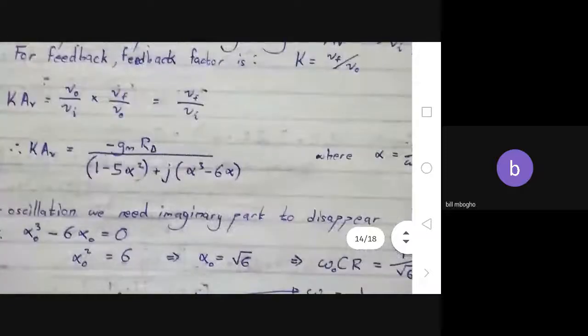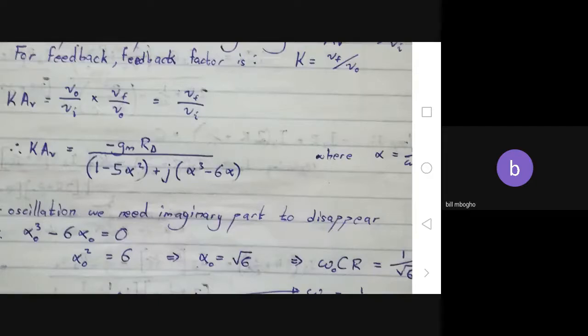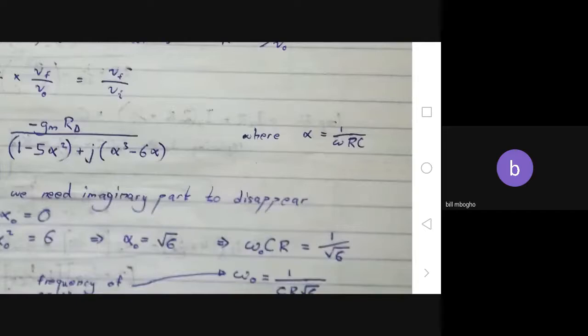And you need, again, for the KAV, the condition for the oscillator, you'll have to have this being real and positive. So the alpha cubed minus 6 alpha must equal 0. And you remember alpha is 1 over omega RC.